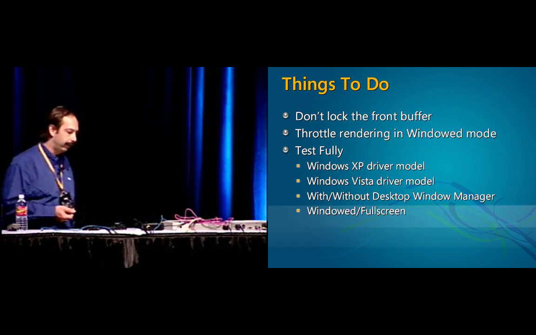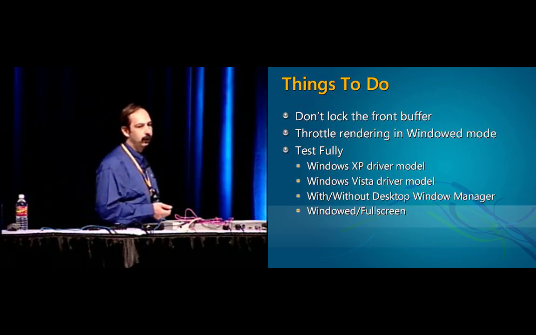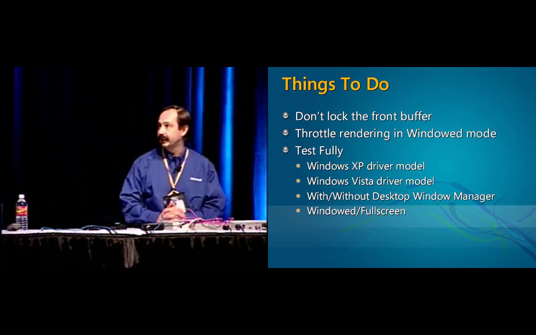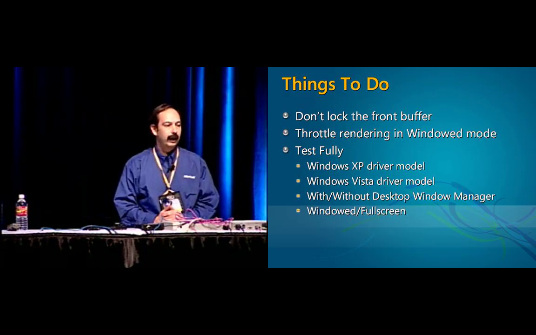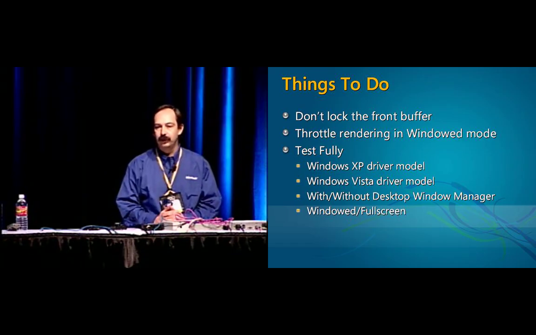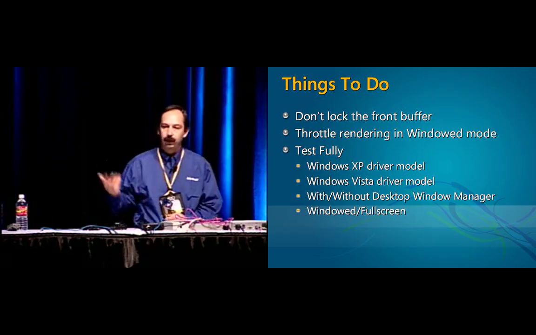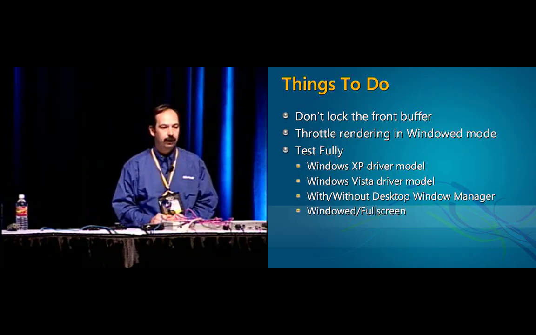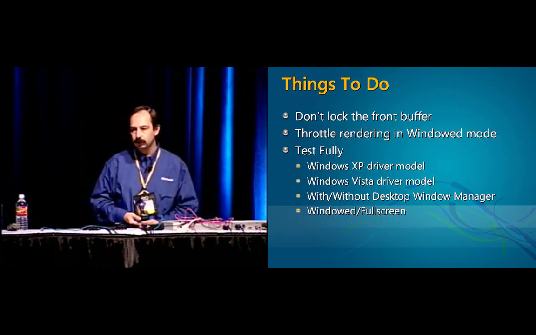Another interesting thing, for those of you who have looked at the Direct3D samples we ship in the DirectX SDK, all of those applications are written to render as quickly as possible, because the whole thing about Direct3D is high frame rate. Well, if you're running in windowed mode under desktop composition, the desktop composition is only happening at maybe 1/60th of a second.